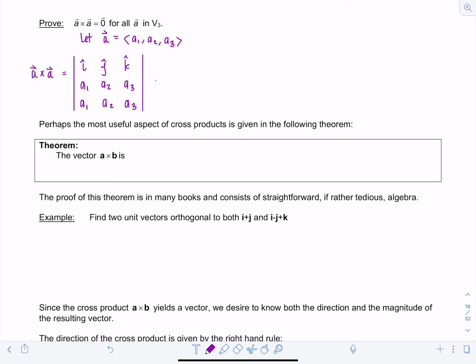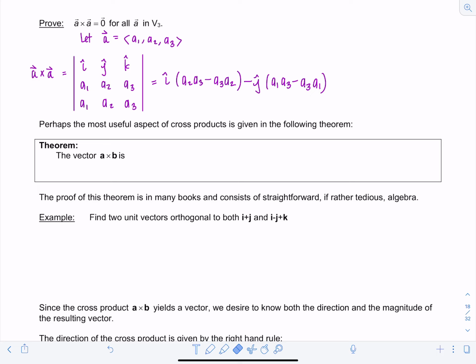Okay, now no step skipping, guys. So we have i hat times, so you can imagine we're going to have a2 times a3 minus a3 times a2, minus j hat times, I'm going to have a1 a3 minus a3 a1.